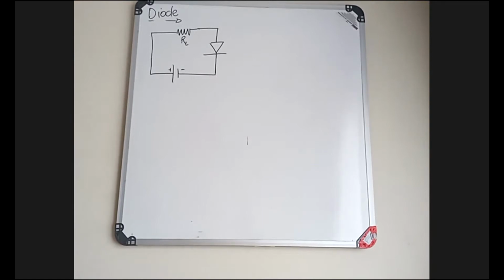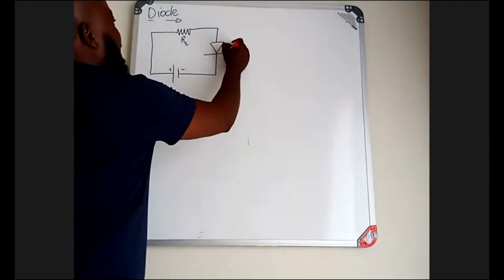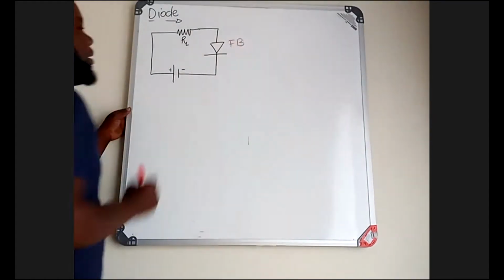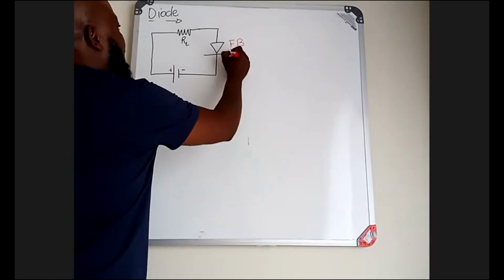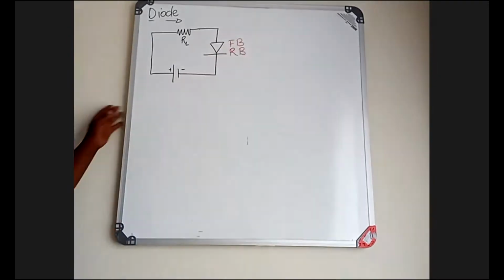According to the description of this component, for it to be able to function it needs to undergo two modes. Those modes are either a forward bias mode or a reverse bias mode.